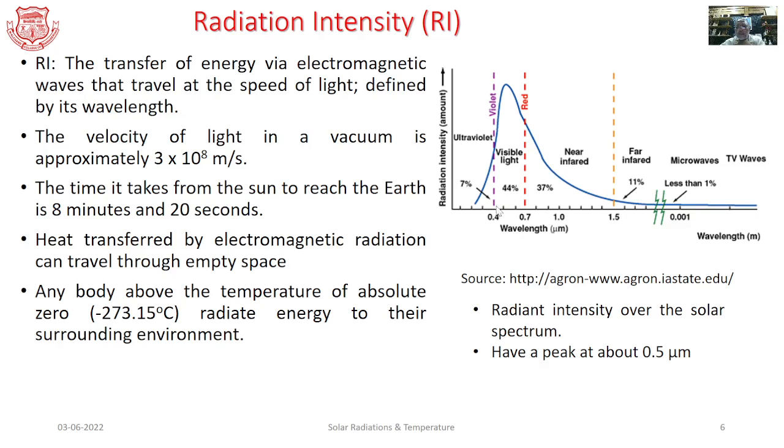About 44% of this particular energy transfer is occurring with the portion of visible light, whereas within the range of the ultraviolet light, the radiant intensity is about 7%. For the near infrared region, it is about 37%.